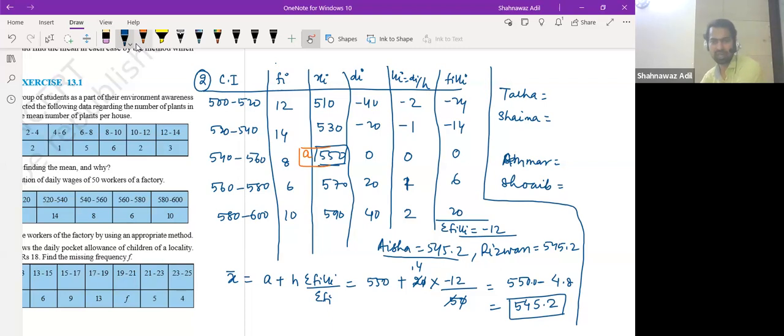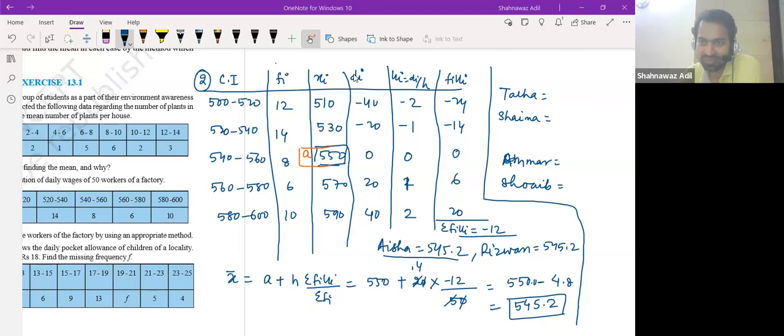Right. So as you guys can see, Talha, Shaima, Amar, Shoaib. How did you strain your hand? Oh, football. Yeah, you guys, please take care while playing ball, right?